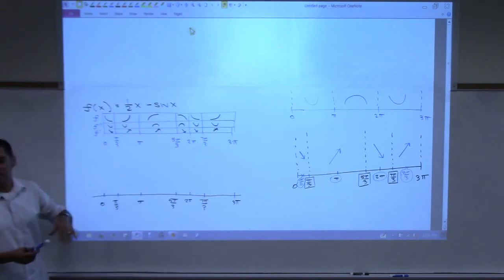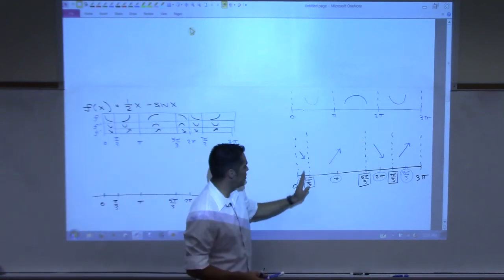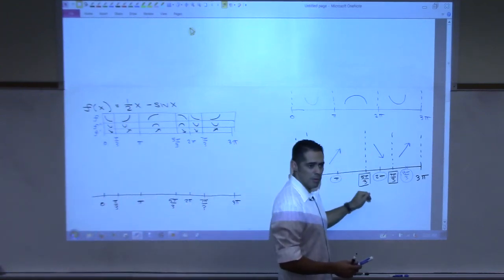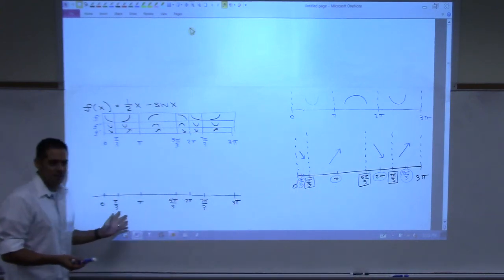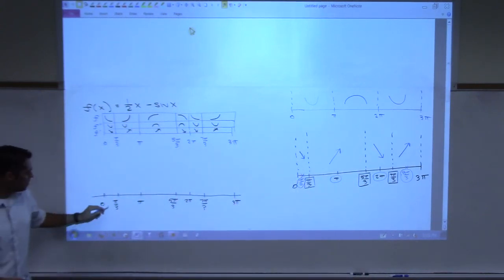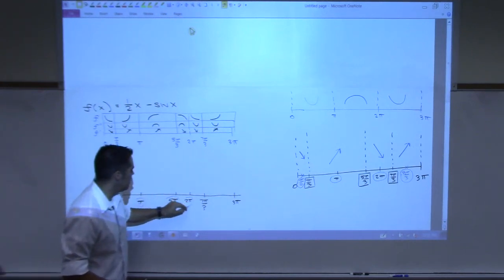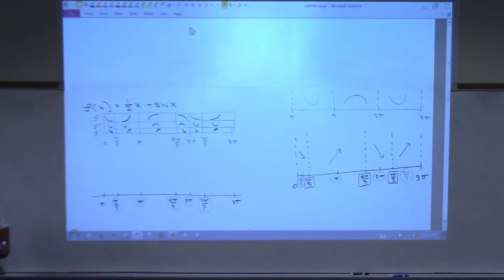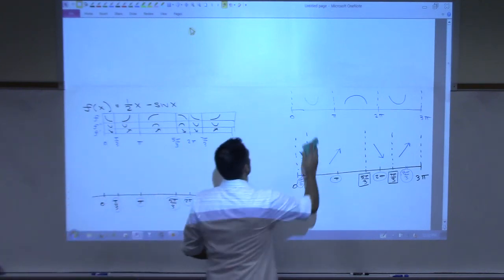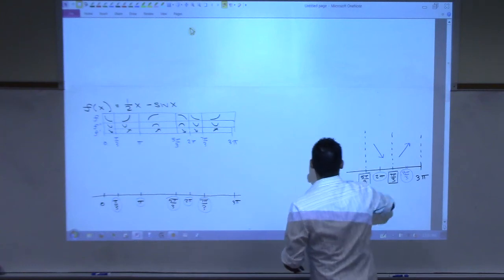Remember, if we would have actually done the tables correctly over here, at the local min, local max, local min, we would have found them, so we would have plugged all these values in. I just saved that for the very end. So I'm about to take all of these right here and plug them into the original function. Maybe you can help me with that. I'll need a calculator.